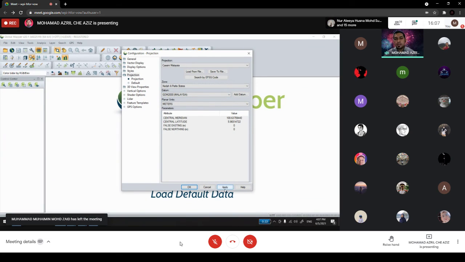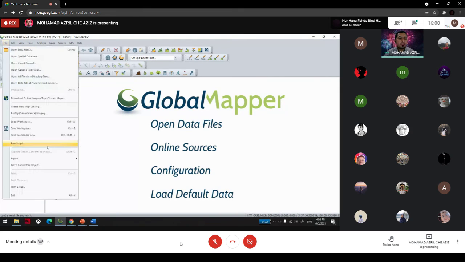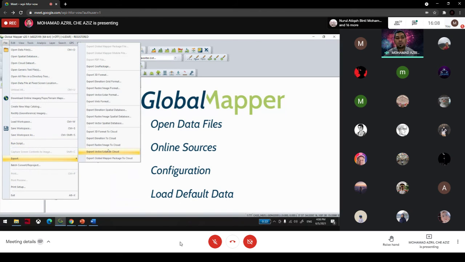When you have data, this is important to all of you. You set the datum, projection and zone, then you apply to your data. For example, you have data, then File, you need to export your data. You export for the cadastral, you do not have an image, you have points, lines and polygons. So it means exporting the vector data format.